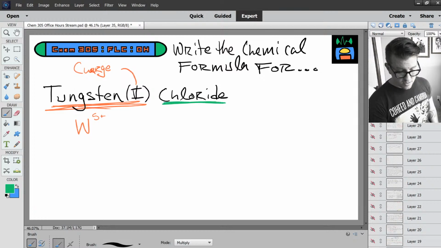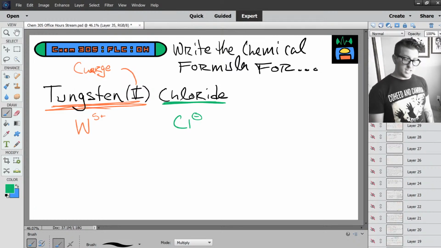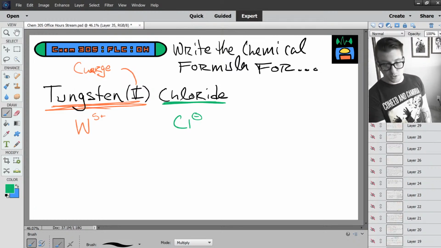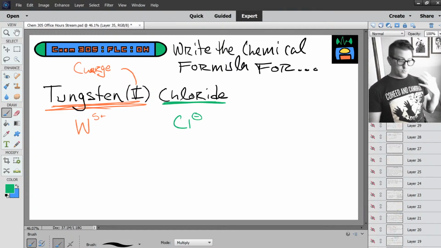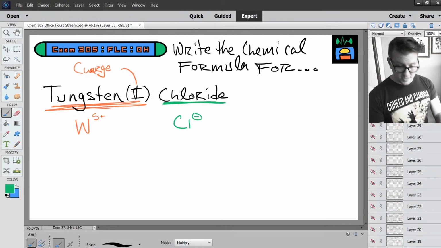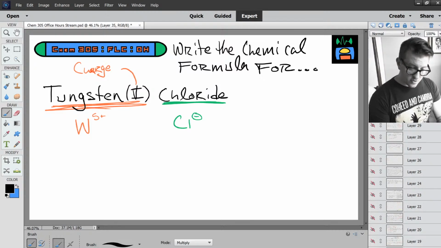Chloride's charge we can determine from the periodic table. It wants to pick up one electron to be like its nearest noble gas, argon. So it picks up a charge of -1.